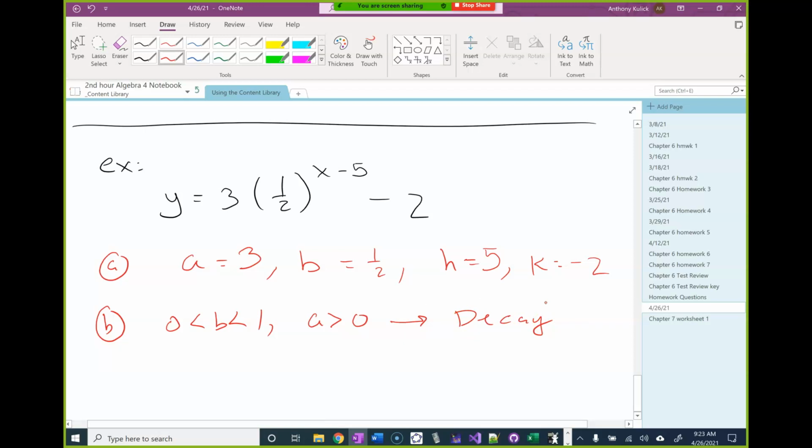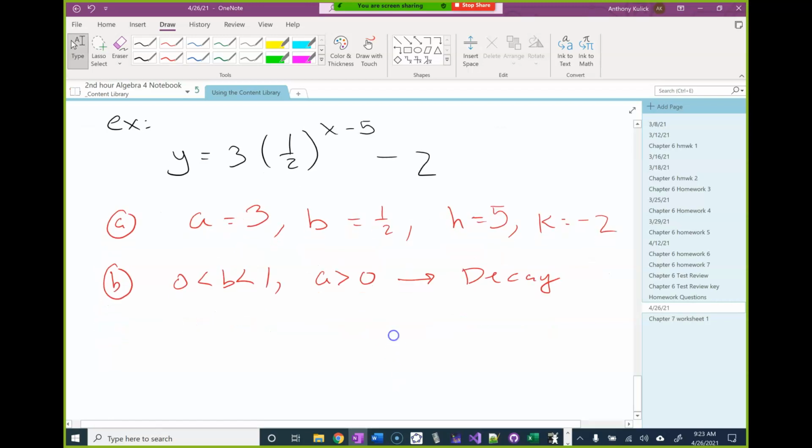Usually when I'm doing this, I look at the B's first. So the growth situation is greater than 1. The decay situation is between 0 and 1, assuming that the A is positive. If the A is negative, then it's the opposite, right? It's just the way that I like to think about it.